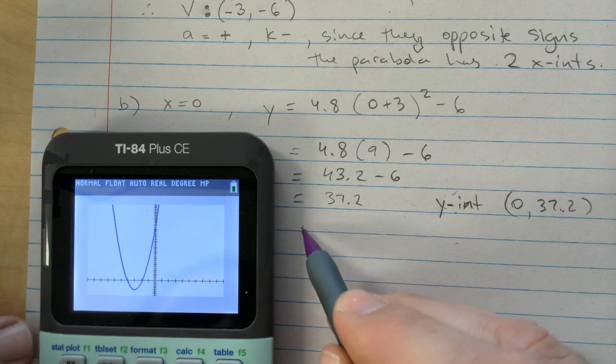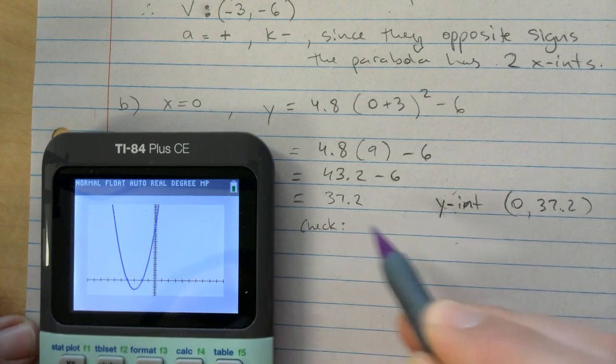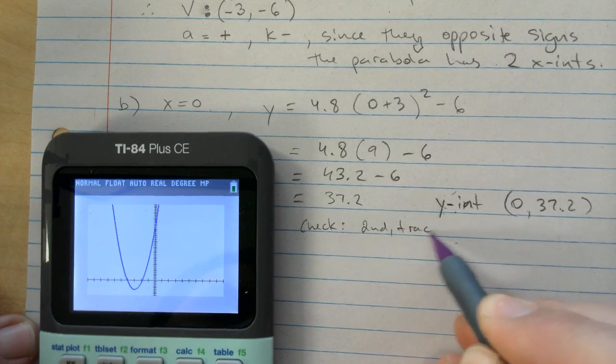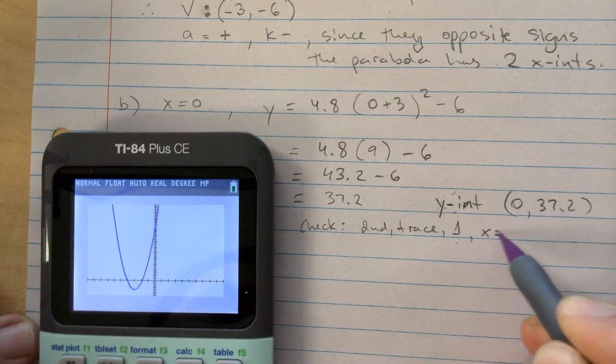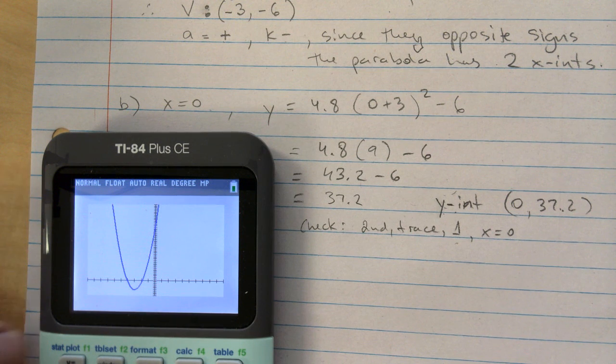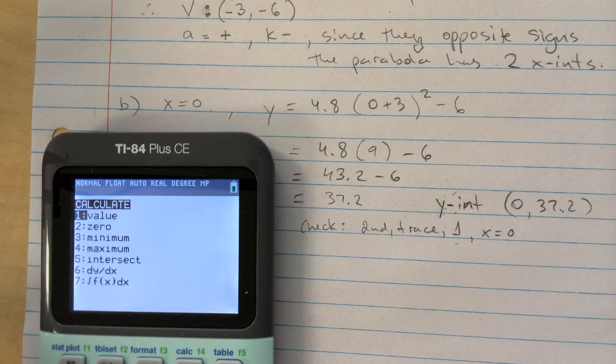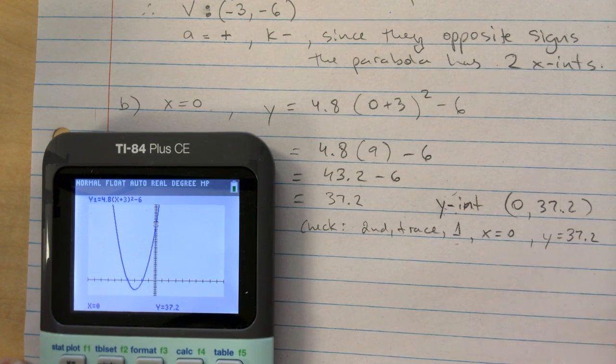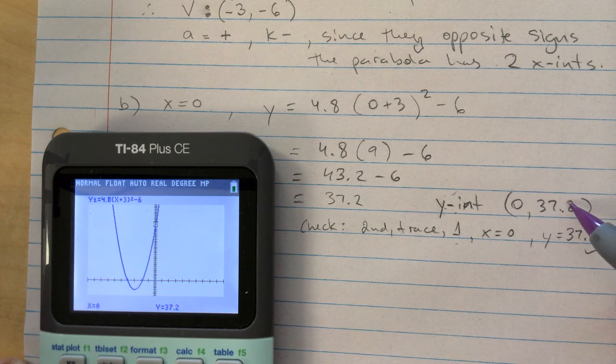So we'll check, right? We go second trace, 1, x is equal to 0, and there it is. Y is 37.2, as we expected it to be.